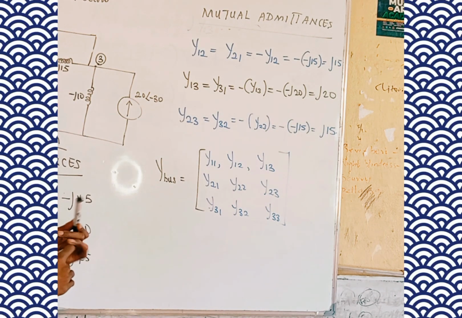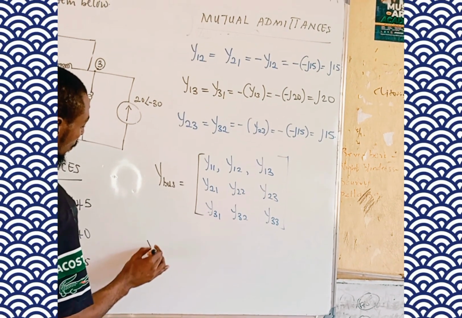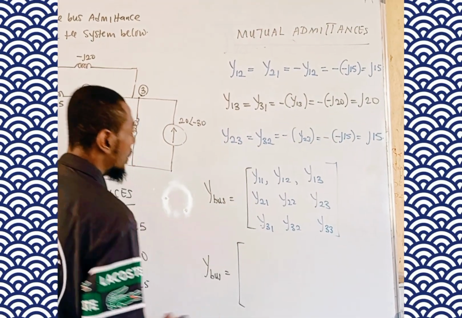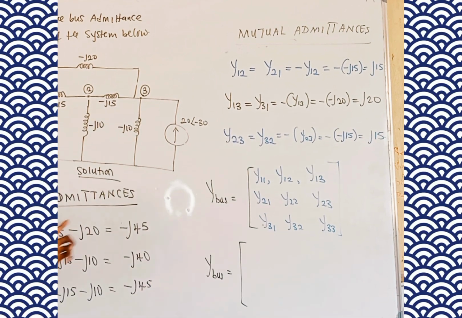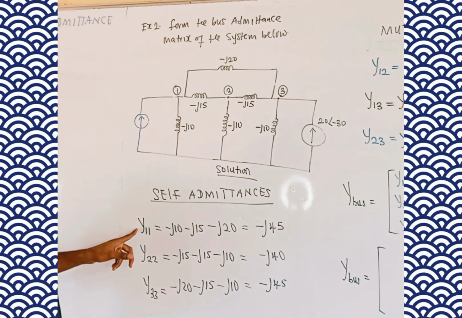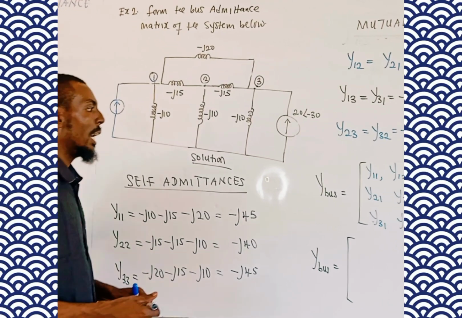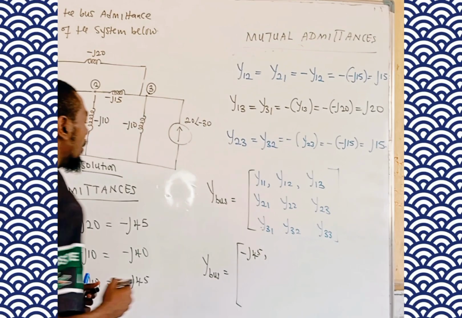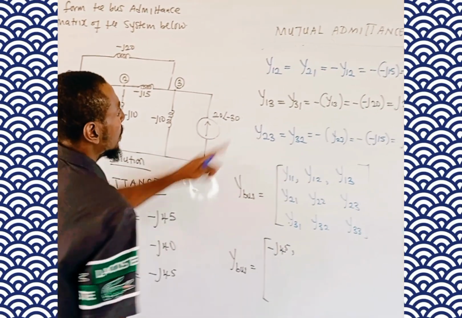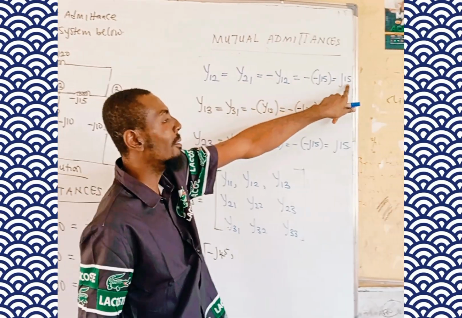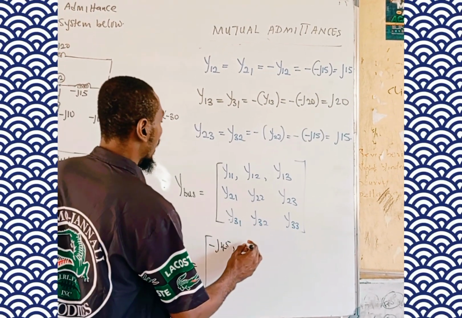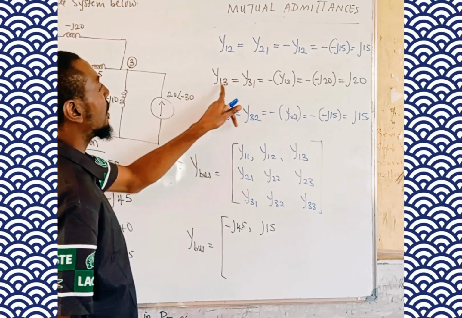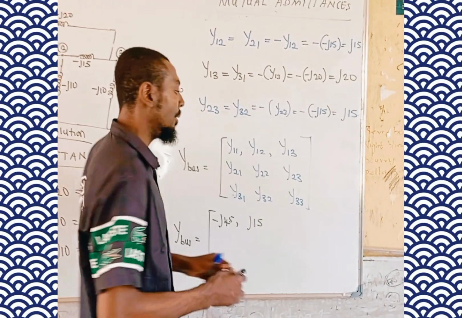So what should be inside? We write out all our findings. Y11 is minus J45. Y12 is the same as Y21, and the final answer is J15. Y13 is the same as Y31, and the final answer is J20.